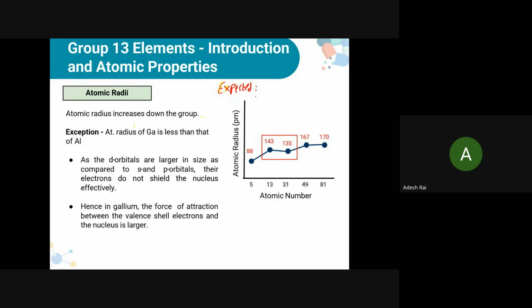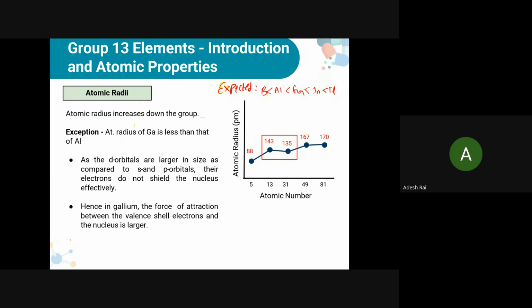As we move down the group, atomic radius should increase. So boron will be least, then aluminum, then gallium, then indium, and the highest will be thallium, right? This is what we are expecting.